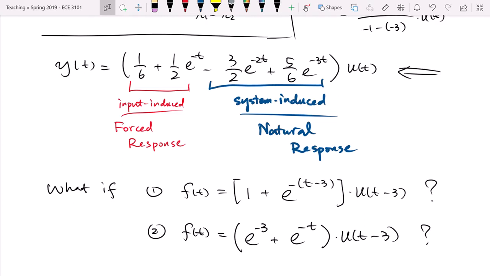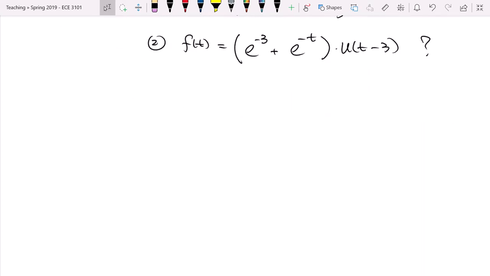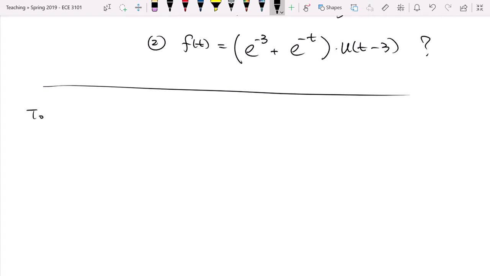Okay. Now, the last concept that we visited in the past video is the forced response and the natural response. Forced response is input induced, and the natural response comes from the characteristic modes. Although the example we have above is only the zero state response, we can expand that to the total response as well.